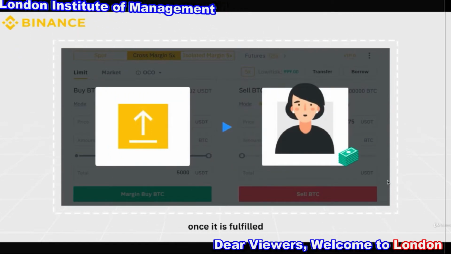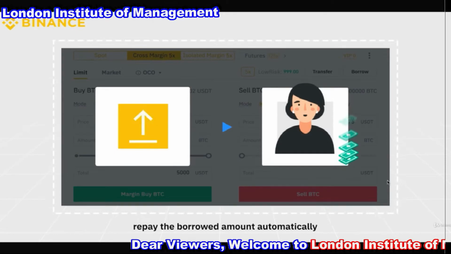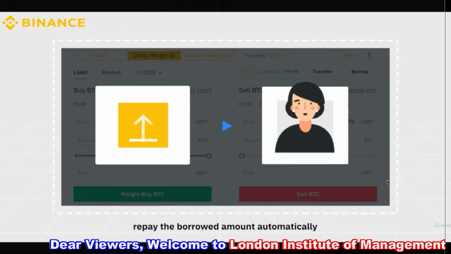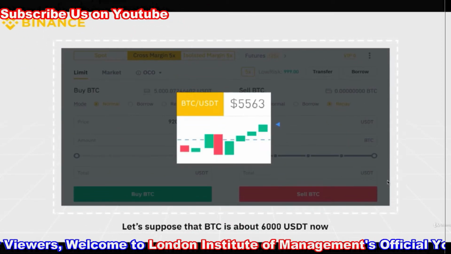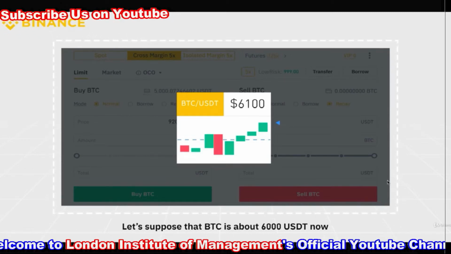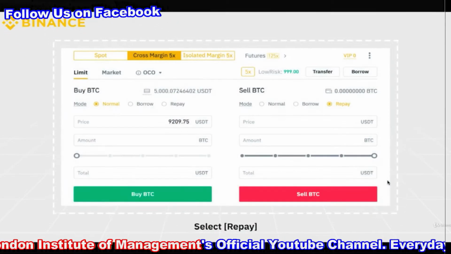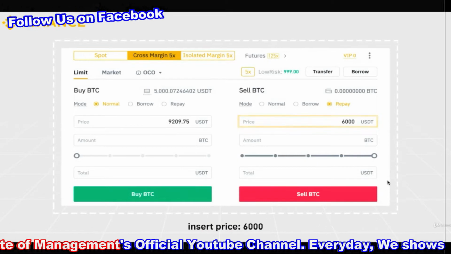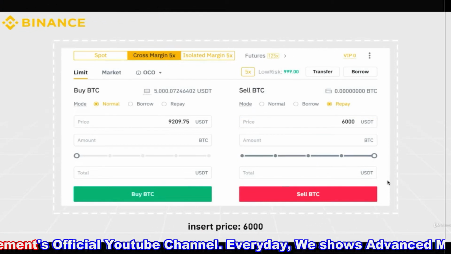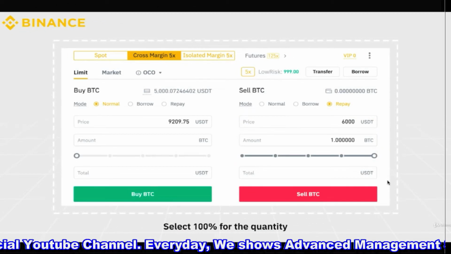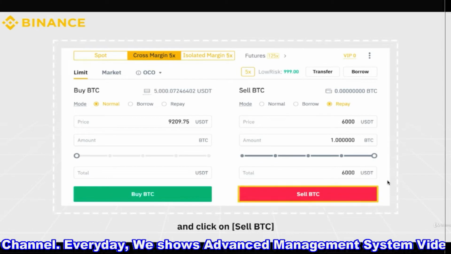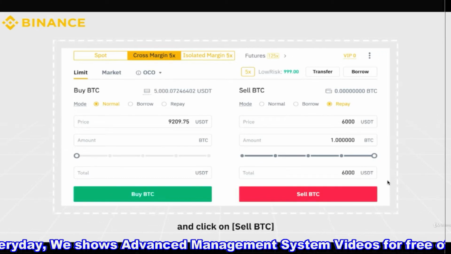Place an order. Once it is fulfilled, repay the borrowed amount automatically. Let's suppose that BTC is about 6000 USDT now. Select Repay. Insert price 6000. Select 100% for the quantity and click on Sell BTC.